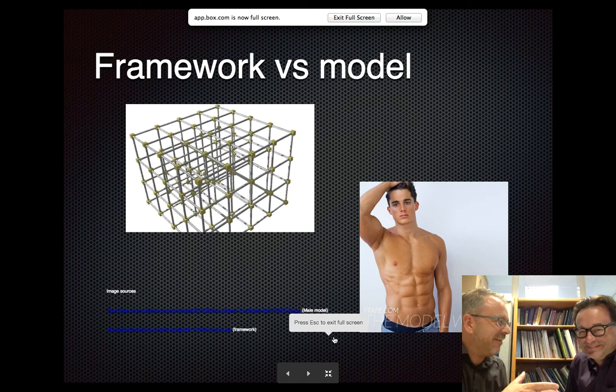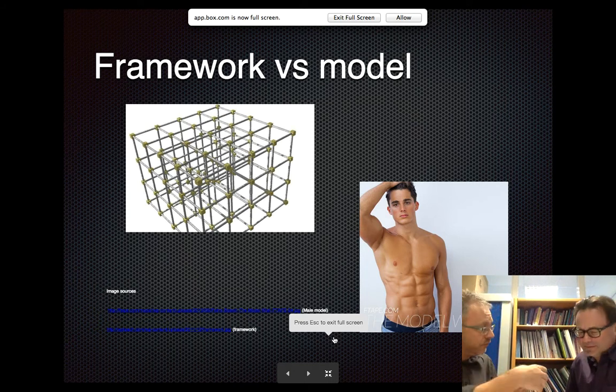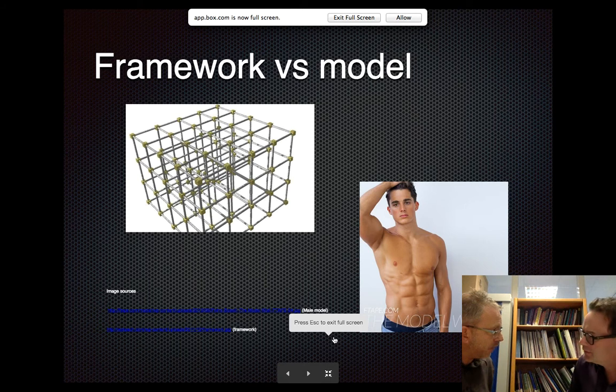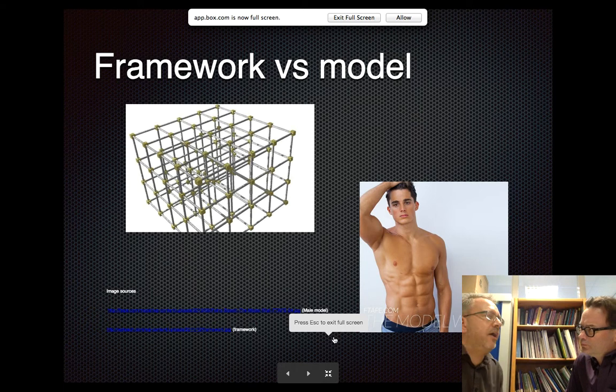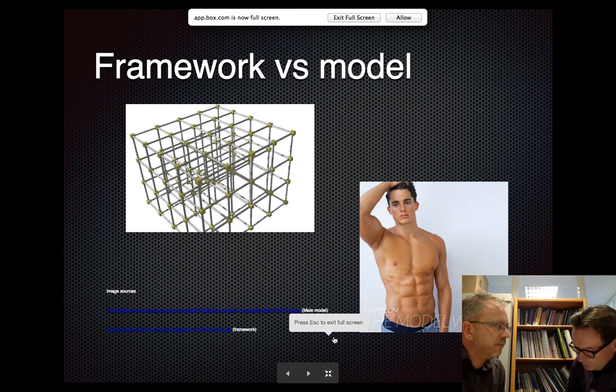Anyway, just to clarify, a framework is a way of pulling together lots of different models or theories. So I can have a theory about, let's say, the evolution of humankind.